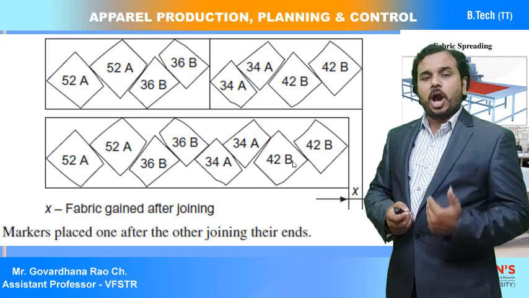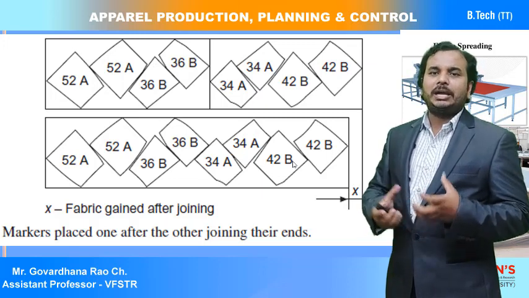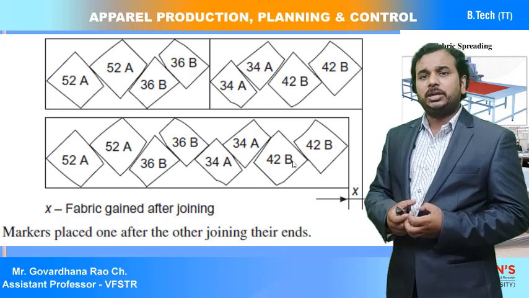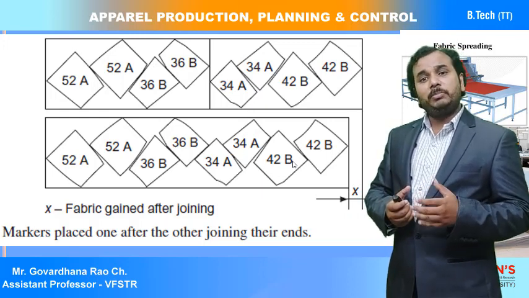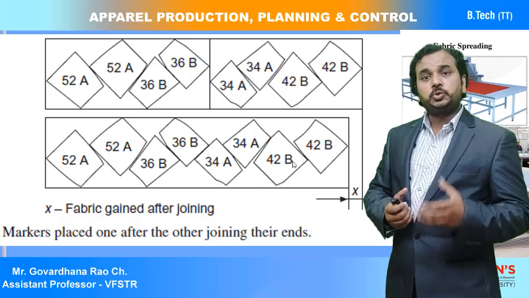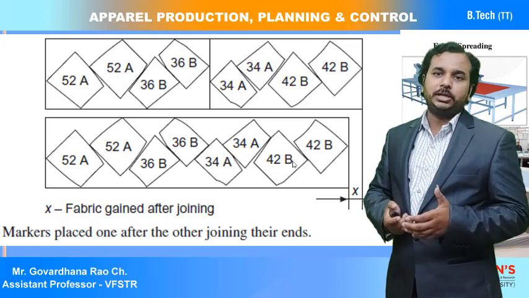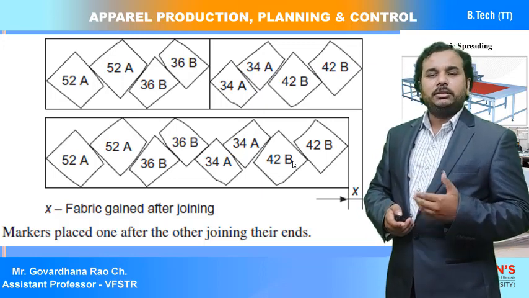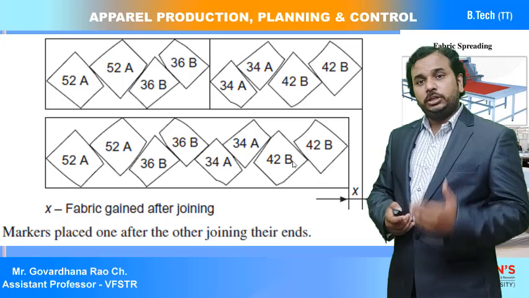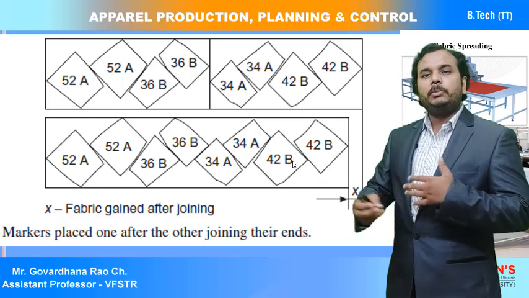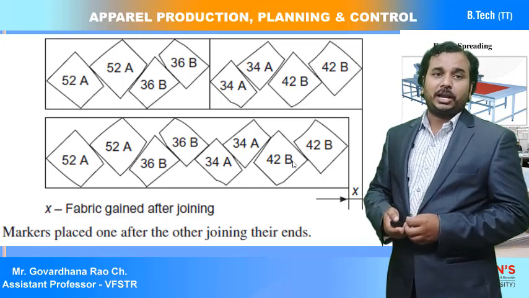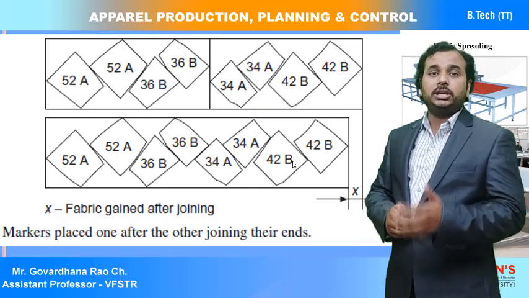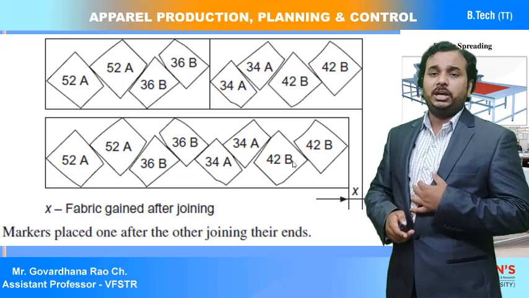In that case, the marker will be prepared separately, and the two markers together are placed on the fabric plies, because joining the two ends of the marker gives more marker efficiency.